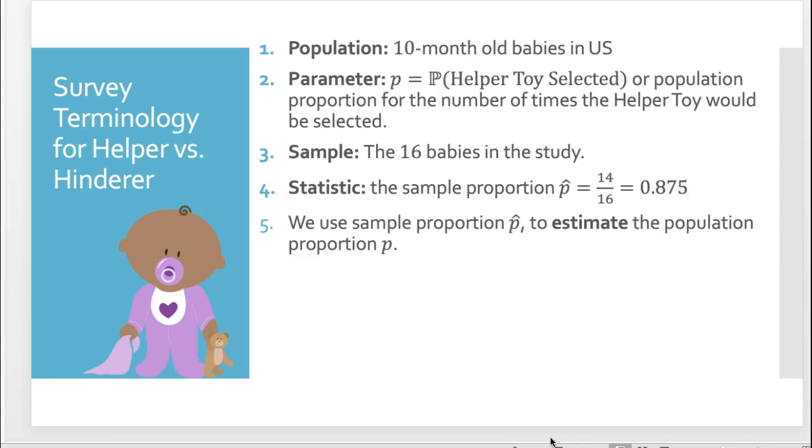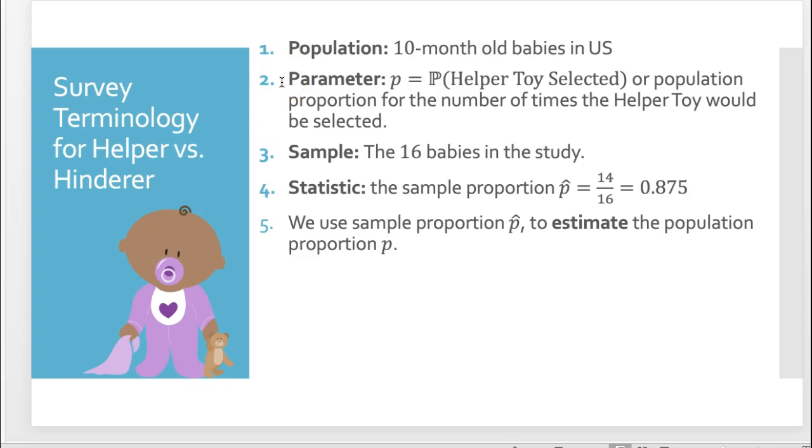And our parameter here is a proportion, but we'll call it P. This is equal to the probability that the helper toy is selected. And probability is like a proportion. So here we call it a population proportion for the number of times the helper toy would be selected. So these are my subjects, and this is the numerical quantity that I'm interested in, right?